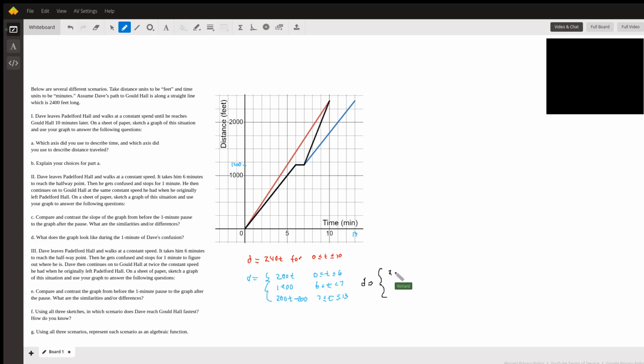It's 200t. And then at 1,200, he's resting. He's confused. But now he continues along at twice his earlier speed. So that would be 400t. And then we have to adjust the intercept to get the equation of that last line.